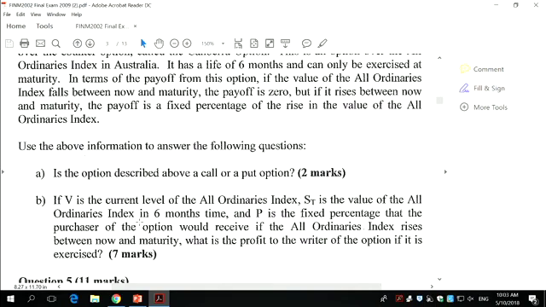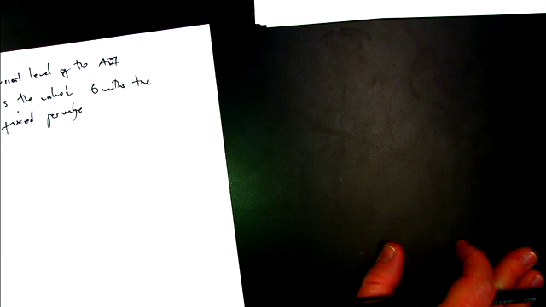P is my fixed percentage. Any ideas? What you would do?